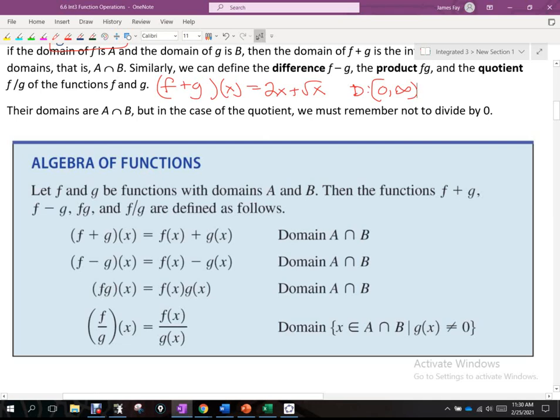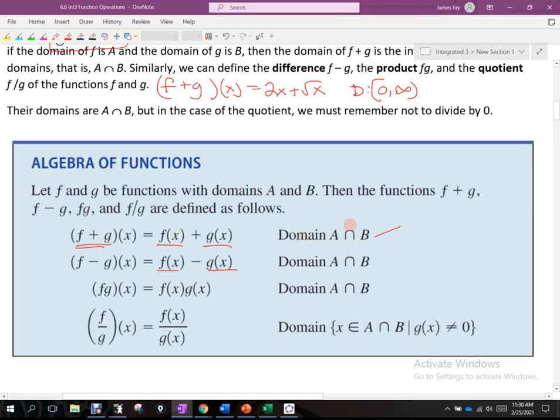And I know it looks kind of messy, but it's just notation. It says if I ask you what f plus g of x is, that's simply taking what f of x was and adding to it what g of x was. If you want to subtract them, it's the same thing, but you subtract them. You go f of x minus g of x. Okay? And you see over here it tells you the domain.